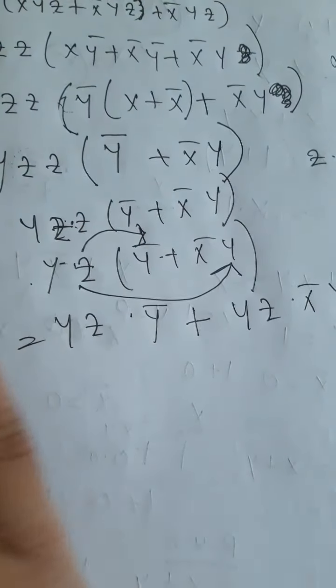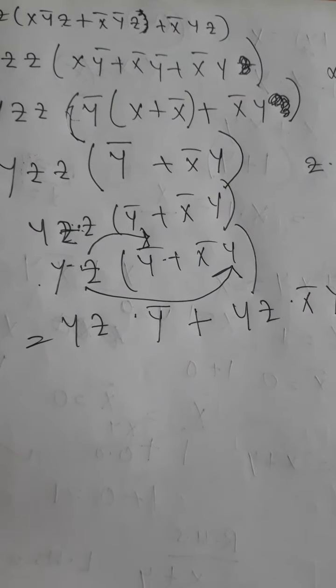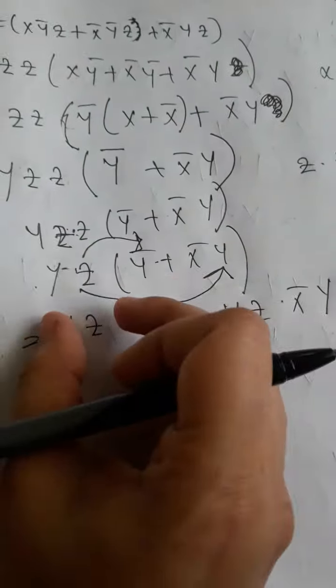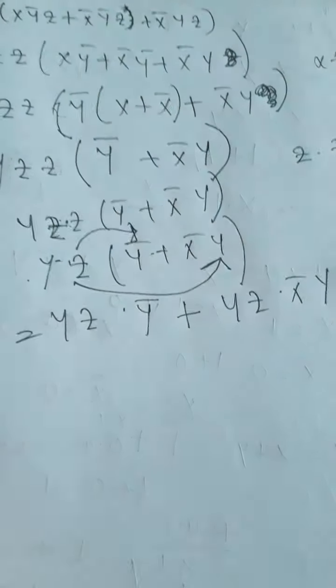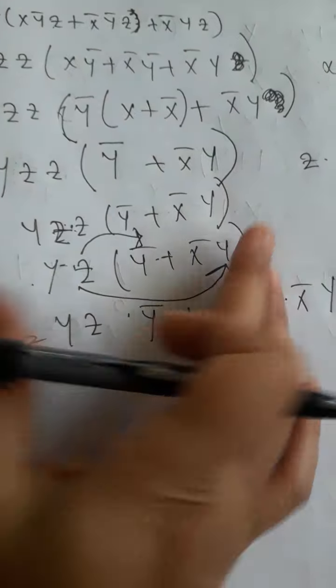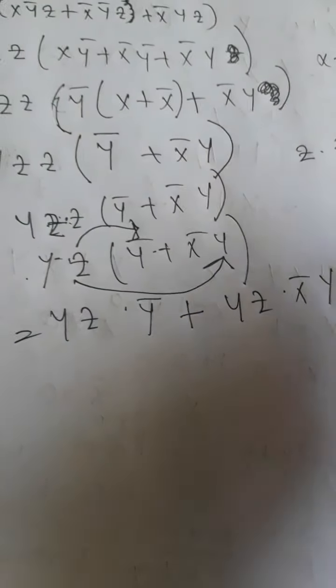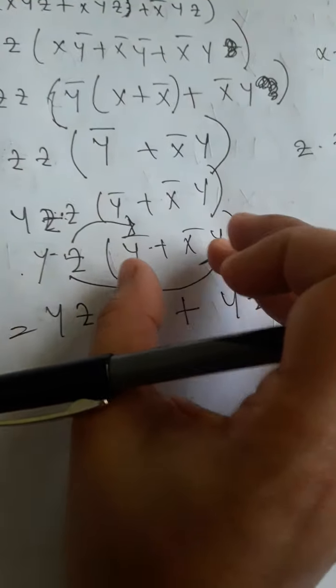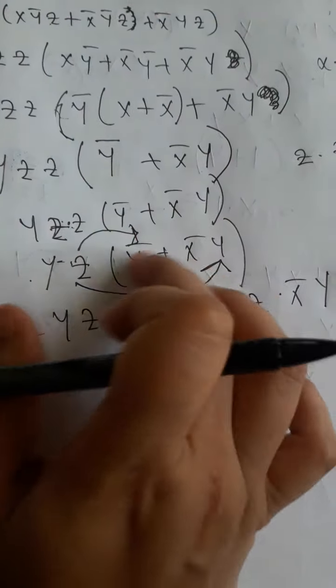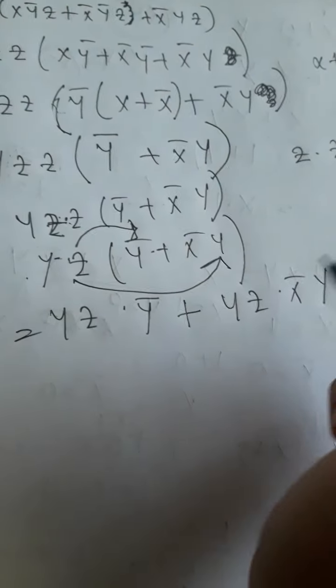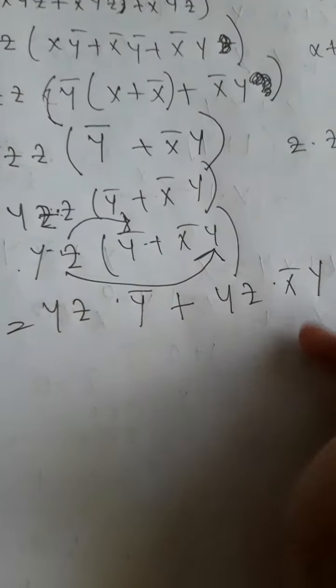Because in normal multiplication, if some variables are outside of the bracket and some are inside, we multiply like this: yz into y bar plus yz into x bar y.